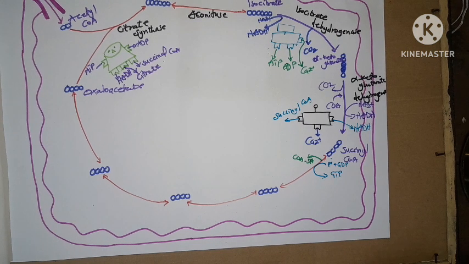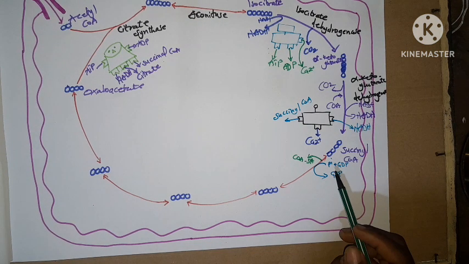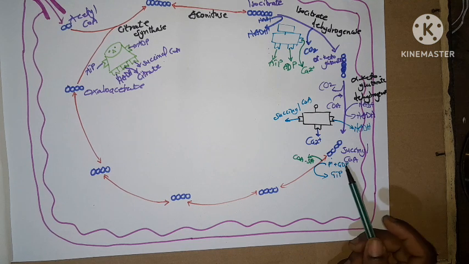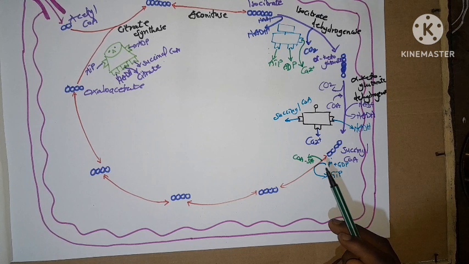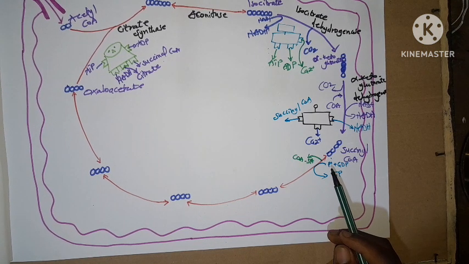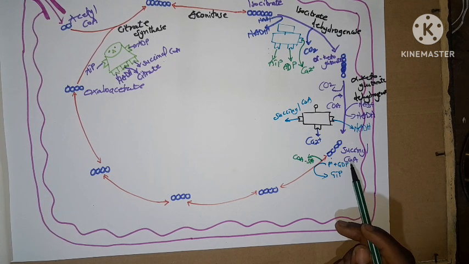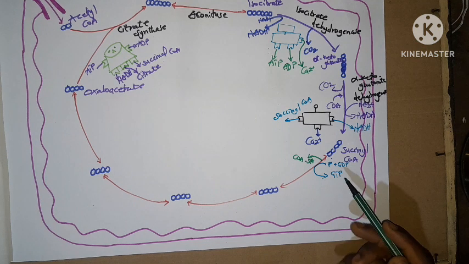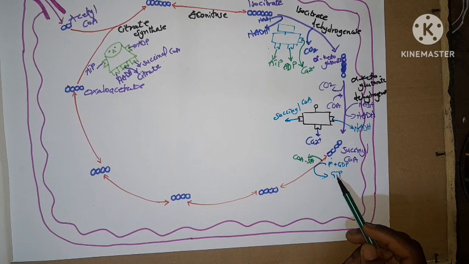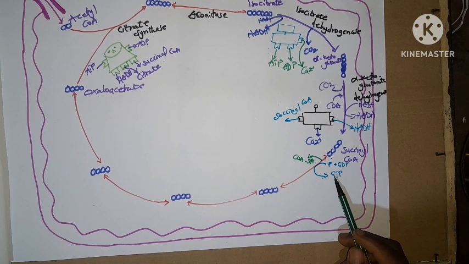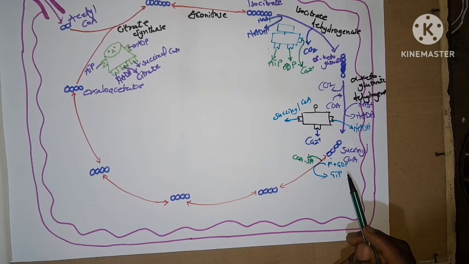So look at what is going to happen. Inorganic phosphate plus GDP. GDP is the energy we got when we remove the CoA group. So this inorganic phosphate plus this GDP will convert to GTP, and ADP will come and take the phosphate. You have guanosine triphosphate.